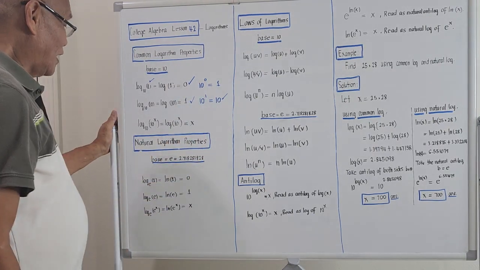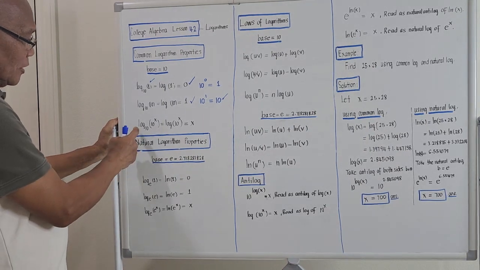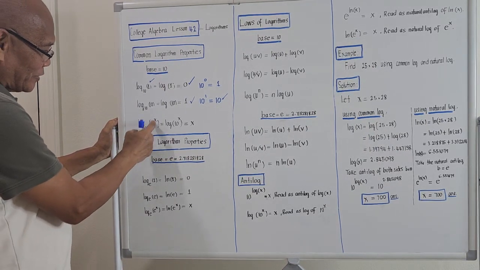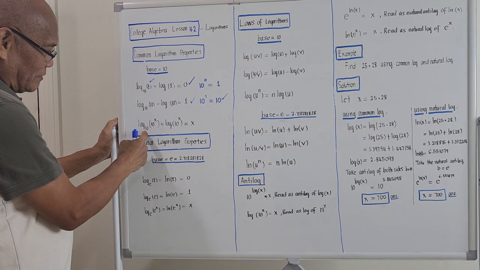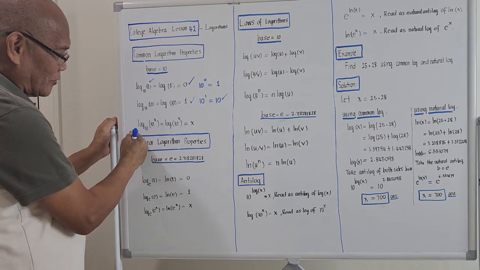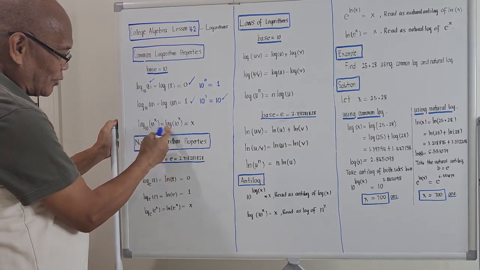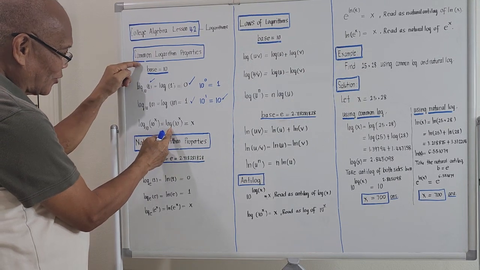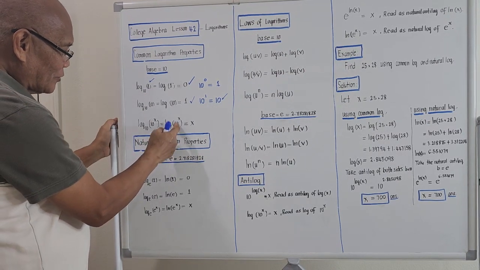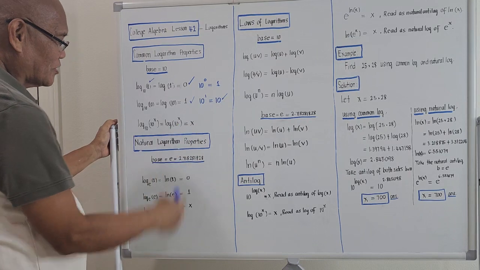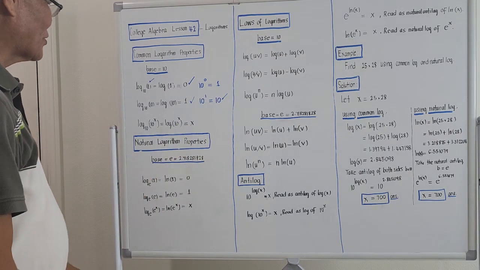The last part, the logarithm of 10 to the x with the base of 10. The other way to write this one is the logarithm without any base. It is understood to be common logarithm of 10 to the x, which is just equal to x. How is that so?